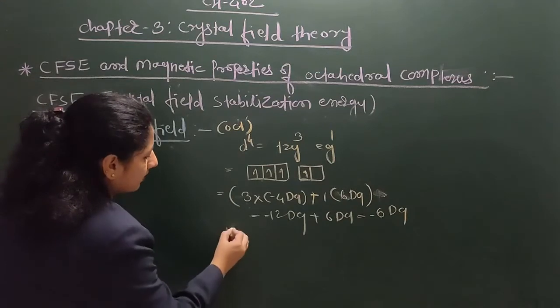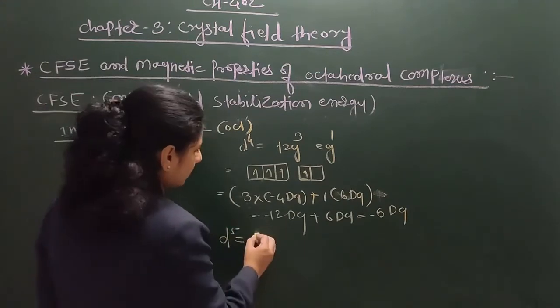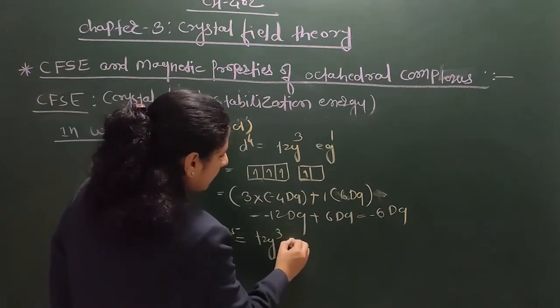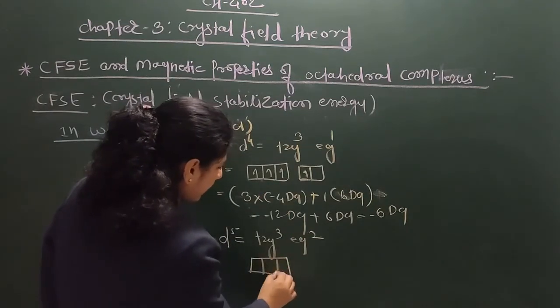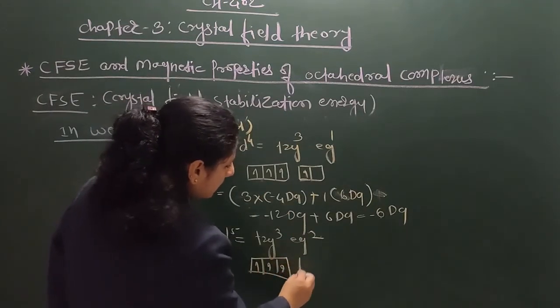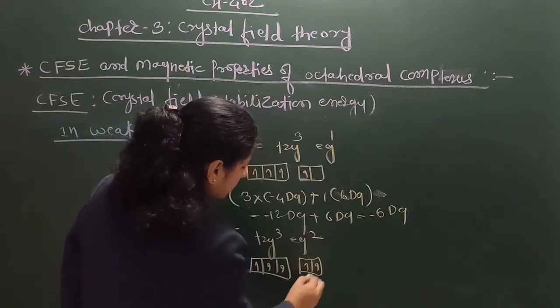So the CFSE for the D4 system is minus 6 dq in weak field complexes or weak field ligand. Now for the D5 system, the t2g will be 3 and eg will be 2. According to the box diagram, it will be 1, 2, 3, and for eg there will be 2 electrons.